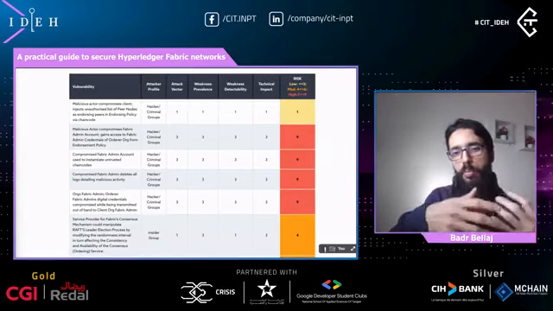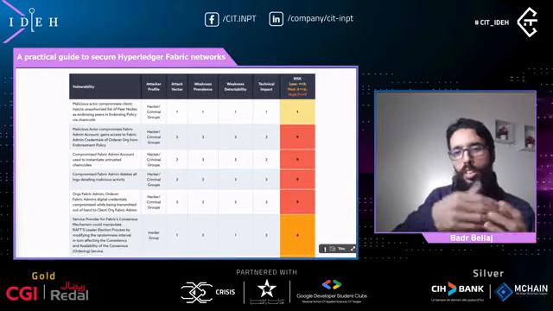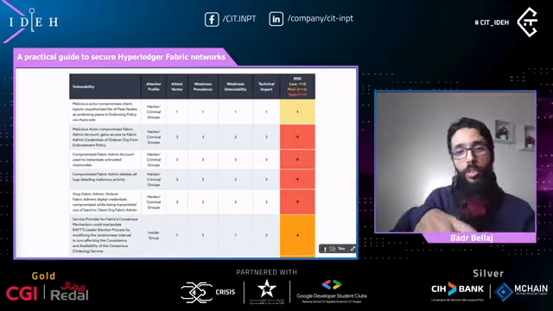This table presents some of the known vulnerabilities and the corresponding risk ratings. These vulnerabilities share a common factor, which is a malicious actor gaining access to the permissioned network.